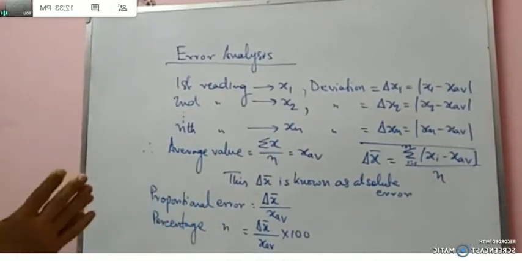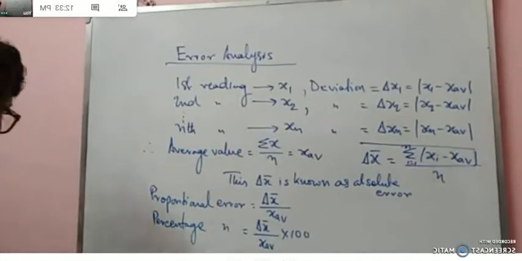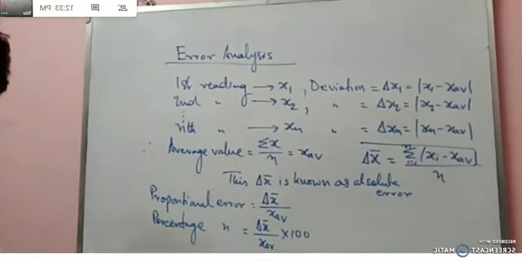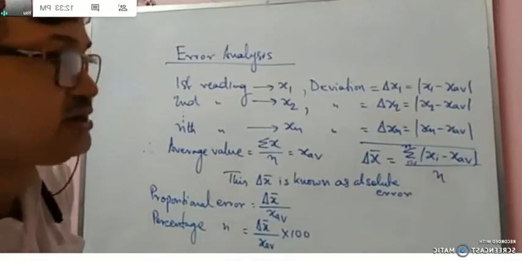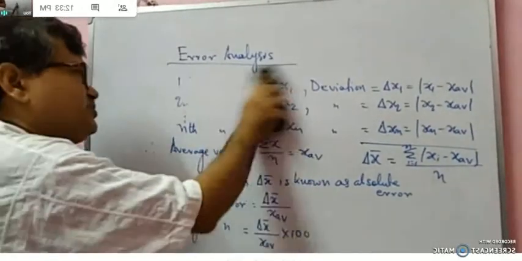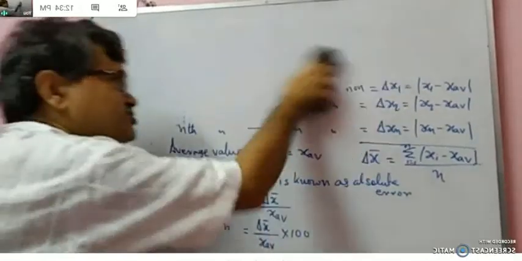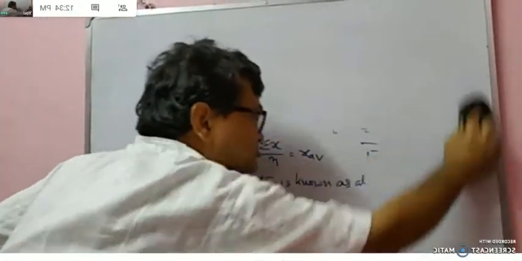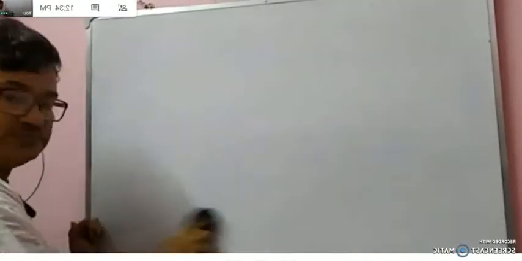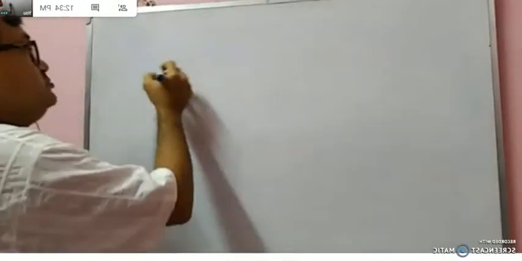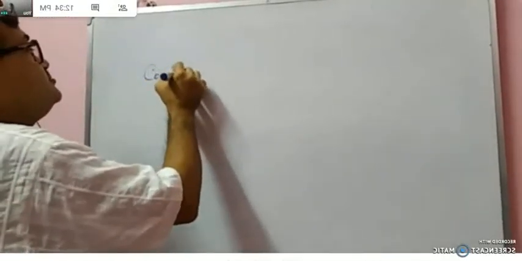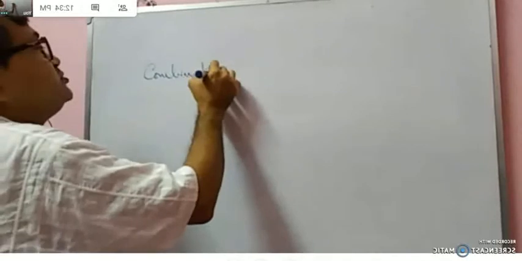How do I find this? It is known as combination of error, or you can say propagation of error.